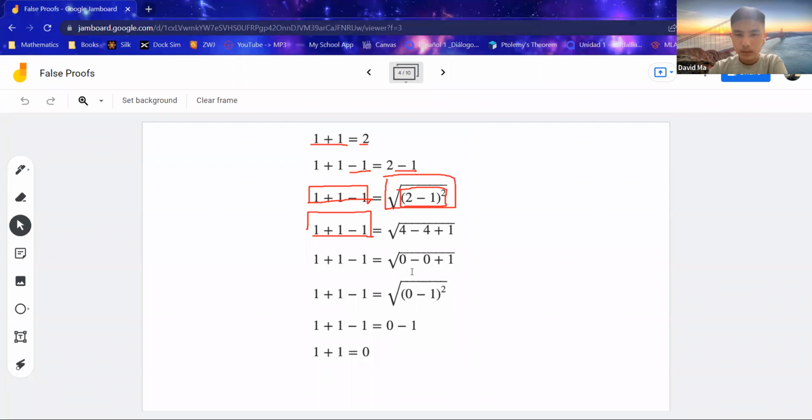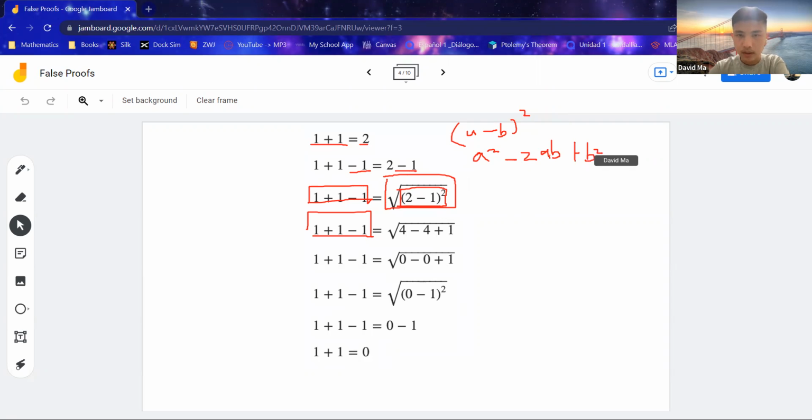So we distribute the factors, and if you remember the formula, (a minus b) squared equals a squared minus 2ab plus b squared.